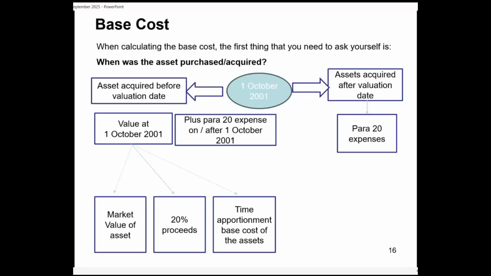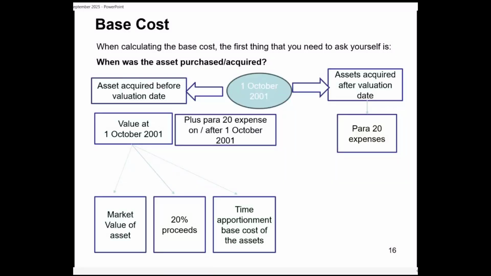So when calculating the base cost, remember that on this third year level you are required to calculate the base cost. For an asset acquired before the 1 October 2001 valuation date, it is the value at 1 October 2001.